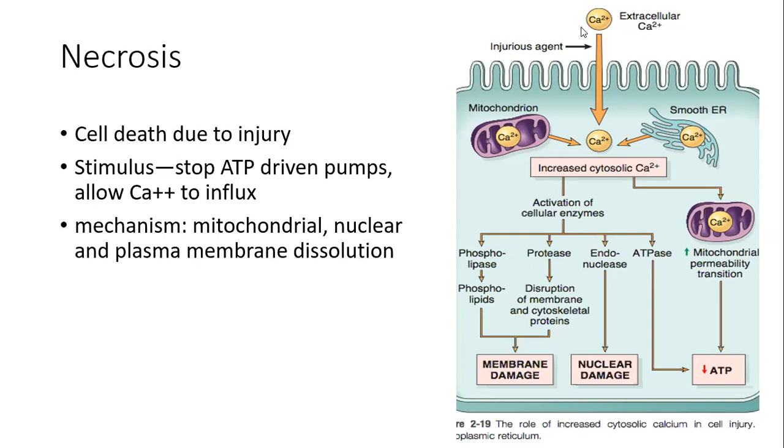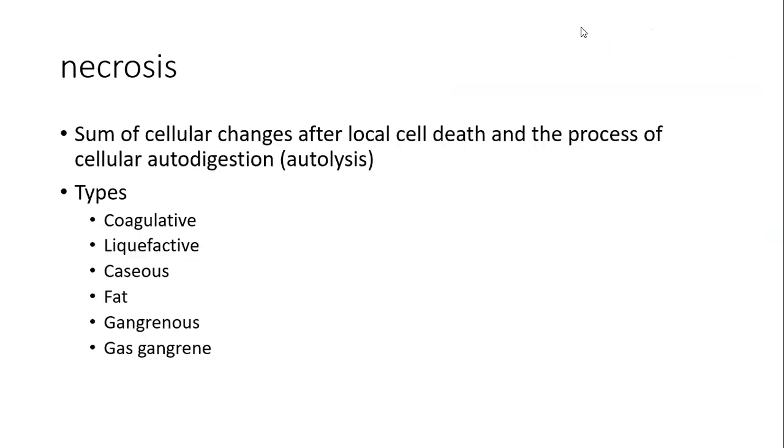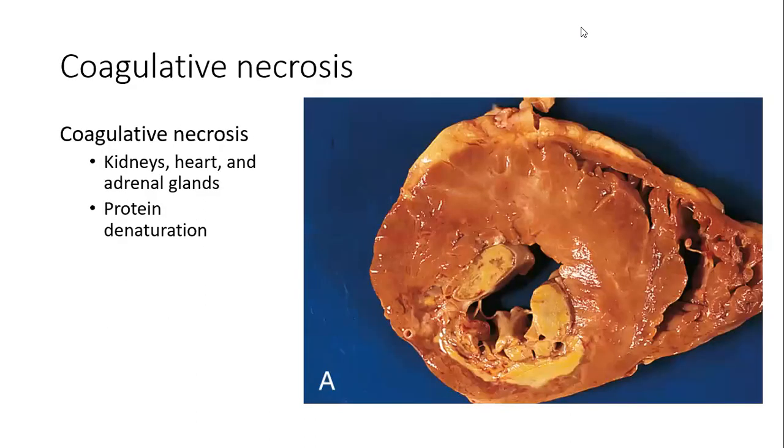This image shows that process. Necrosis is the sum of cellular changes after local death and the process of autodigestion, also known as autolysis. There are different types of necrosis: coagulative, liquefactive, caseous, fat, gangrenous, and a subcategory of gangrenous, gas gangrene.